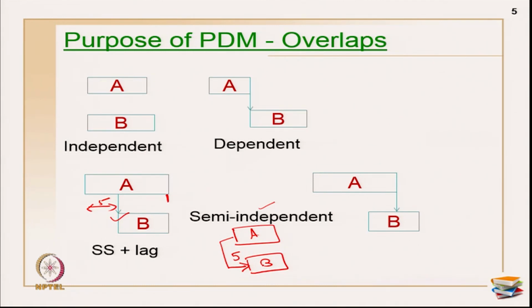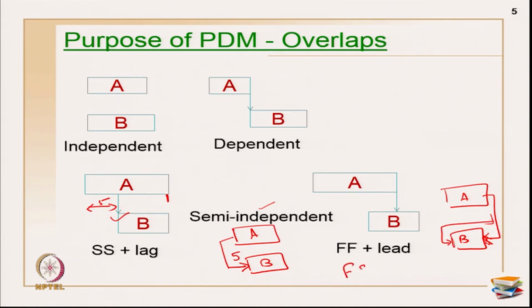The same thing I can show here, using a finish relationship plus lead values. I have an activity A and this is my activity B, and here I can use a finish-start relationship and put a lag here. So, this can be finish-start plus lag. In the case of lag, I can explain how much of A has to be executed before B can start.